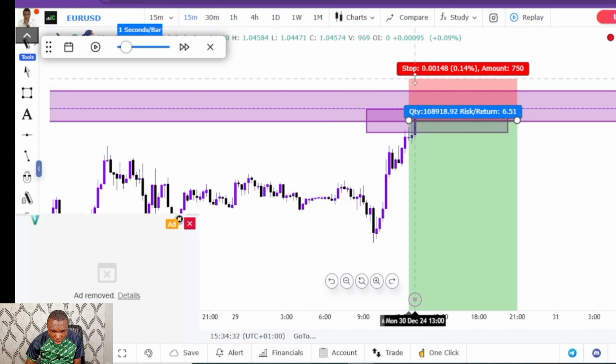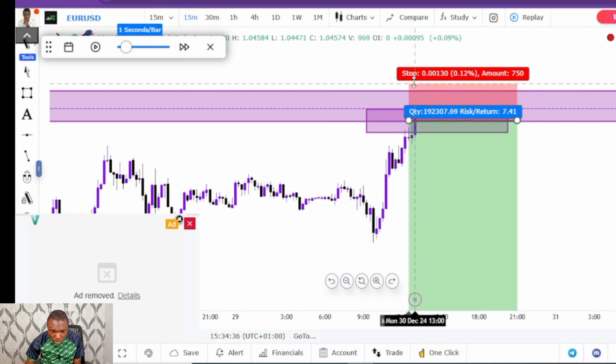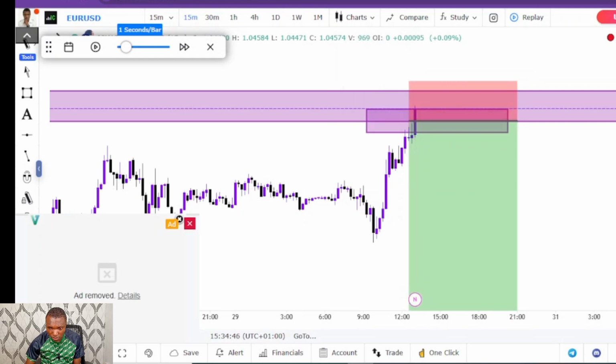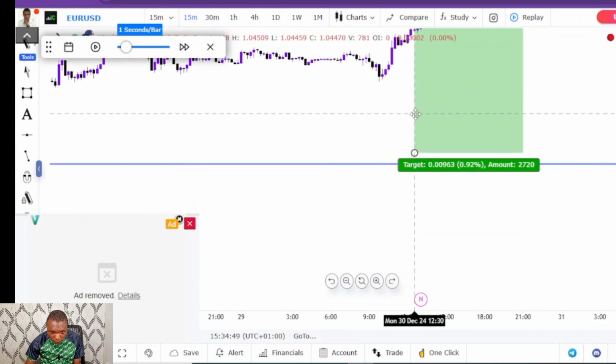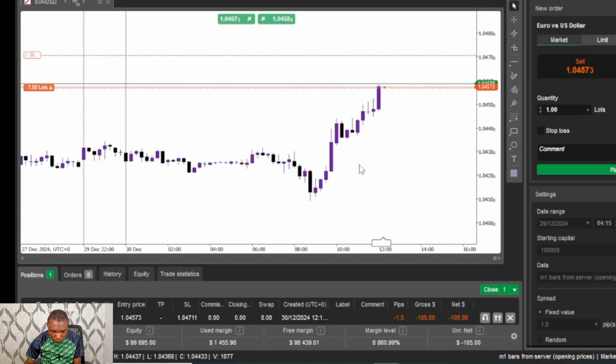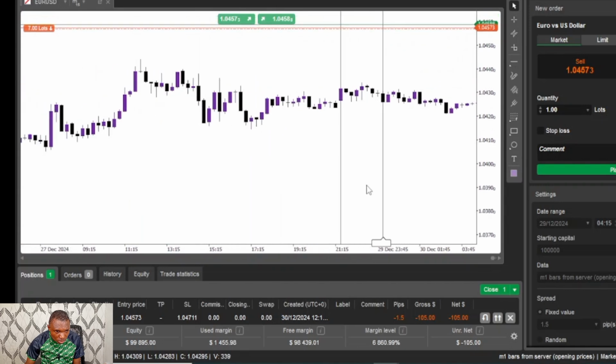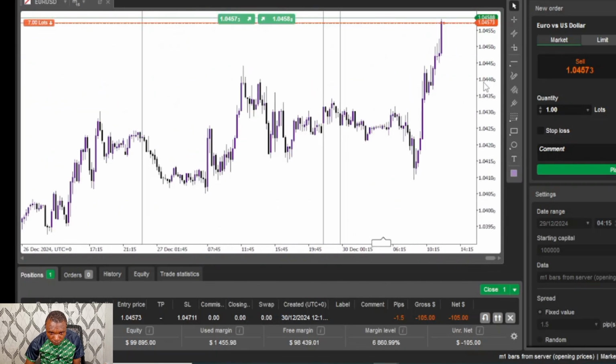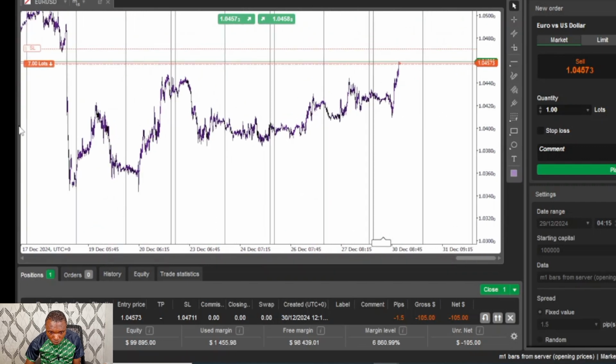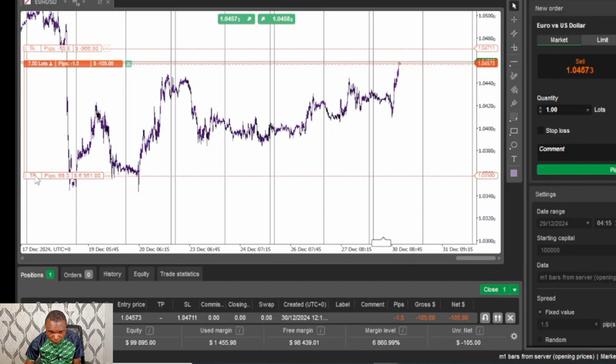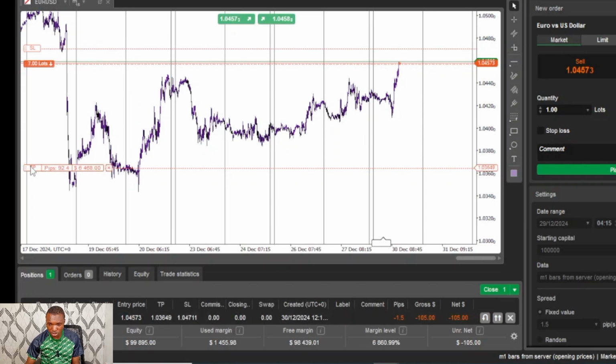Same thing here, our stop loss too is 13 plus, 13.8. So this is 14 pips.